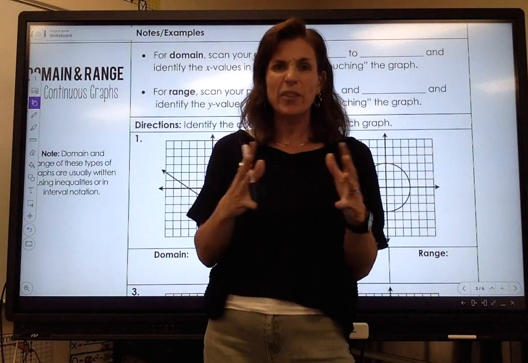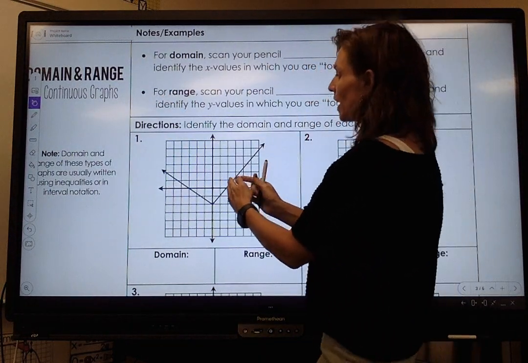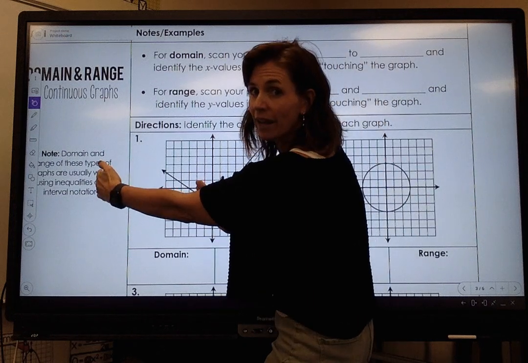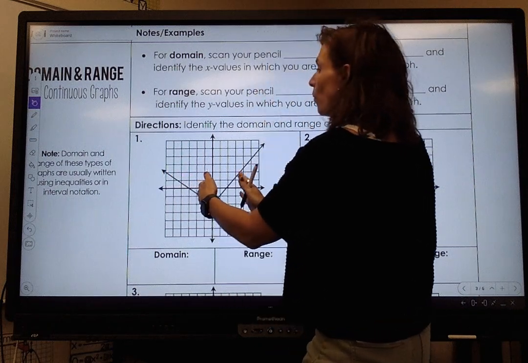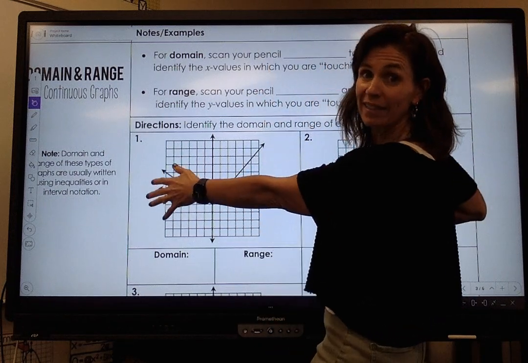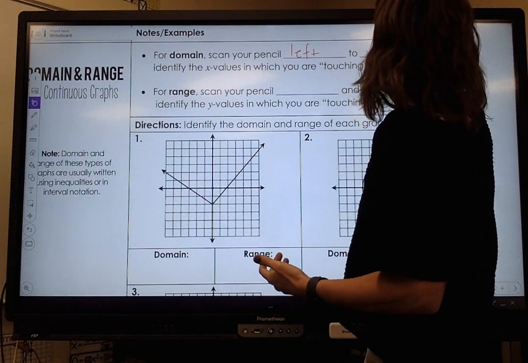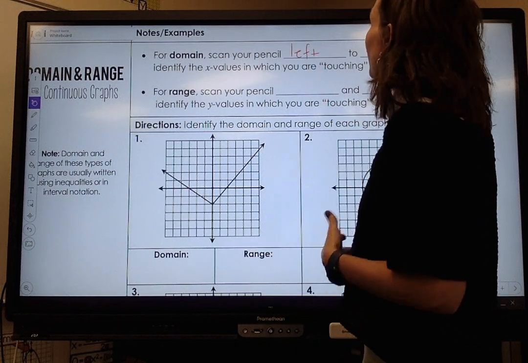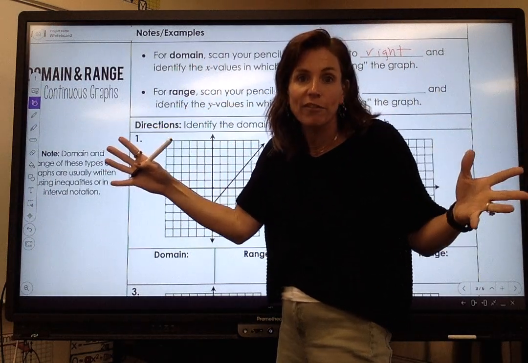Remember, domain is all those x values, right? So all you have to do is scan your pencil all the way left and see how far to the left that graph goes, and then all the way to the right and see how far right that goes. So we're just going to scan pencil from left to right and identify the x values that would essentially touch this graph, right?